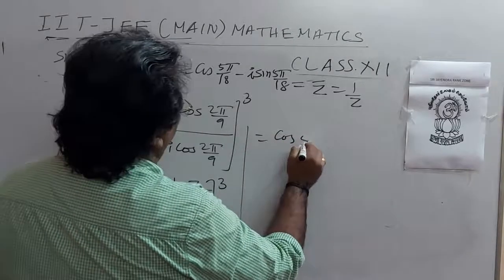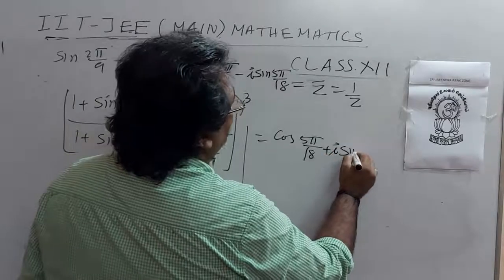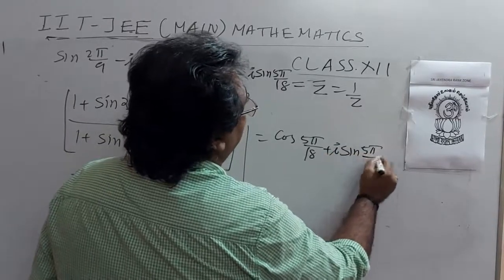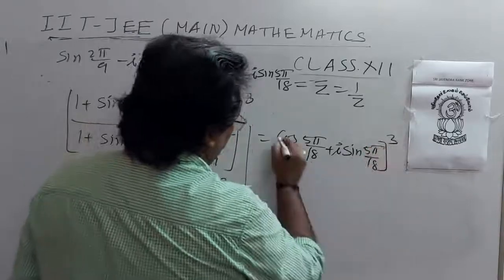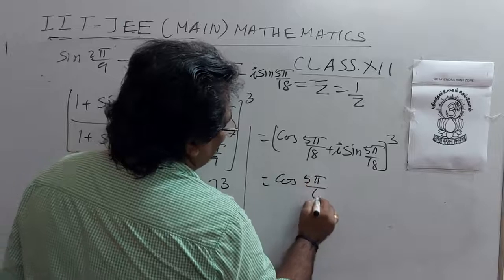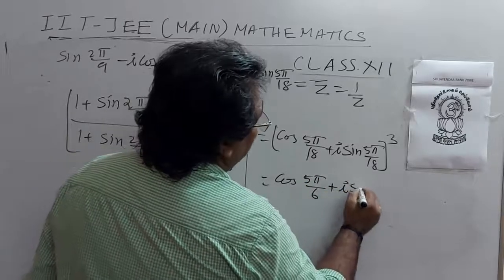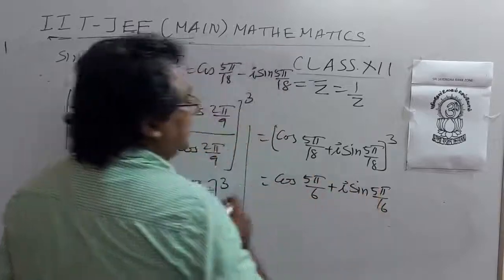So cos 5π/18 plus i sin, whole power 3. Cos 5π/6, i sin 5π/6, that is 150°.